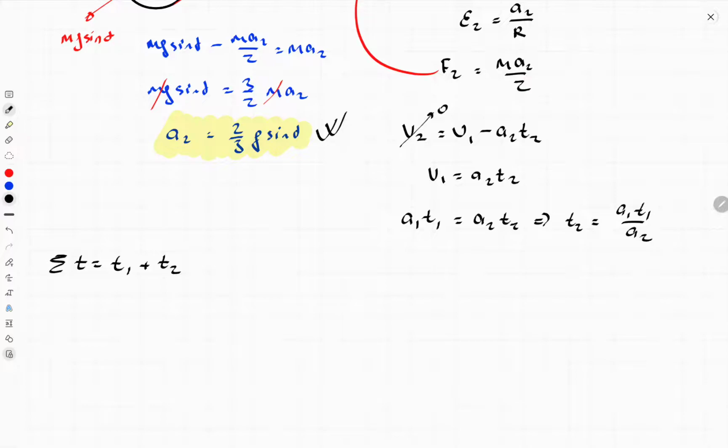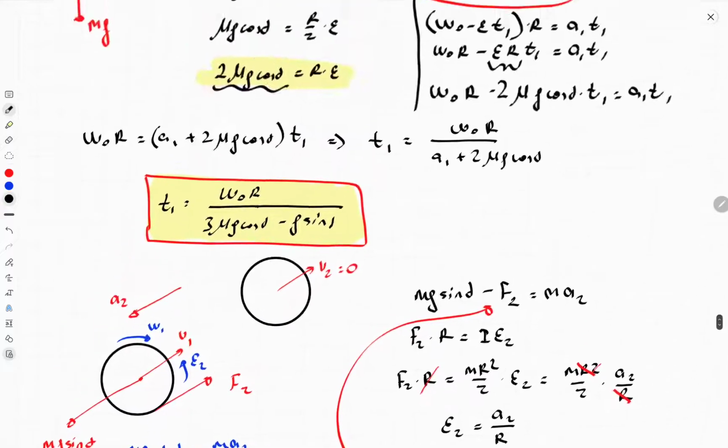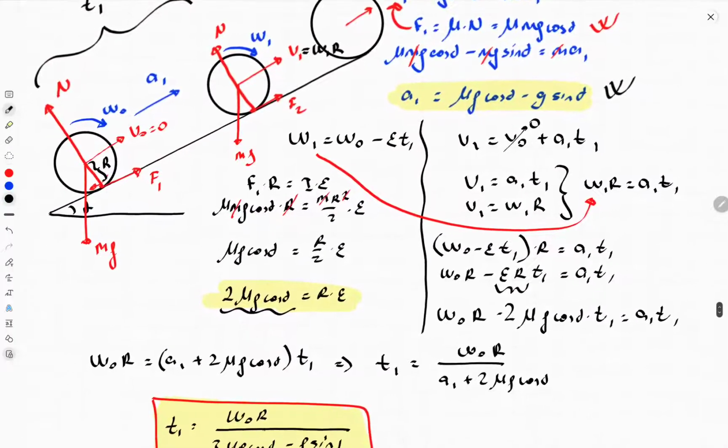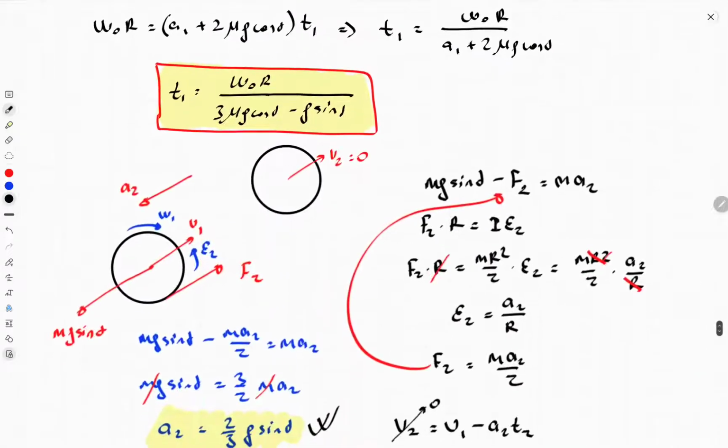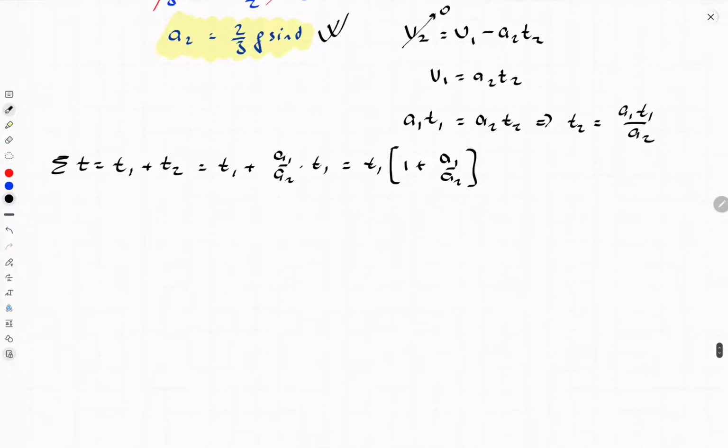So let's see what we will have. t1 plus t2, which is a1 over a2 times t1. Let me take t1 out of the parenthesis. So here we will have 1 plus a1 over a2. a2 is given here. a1 is also equal to this one. Let's see what we will get at the end.